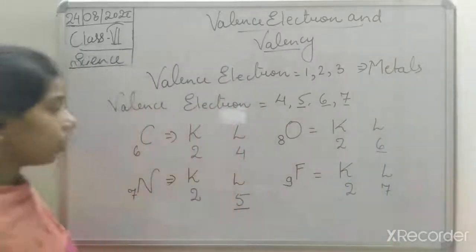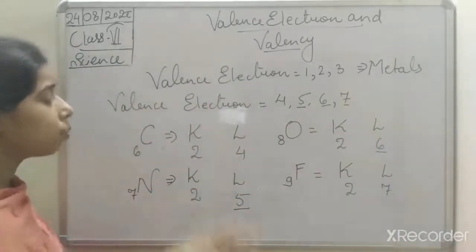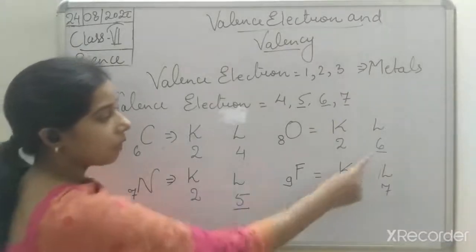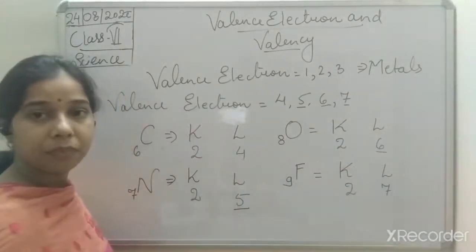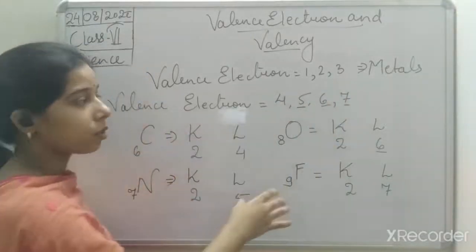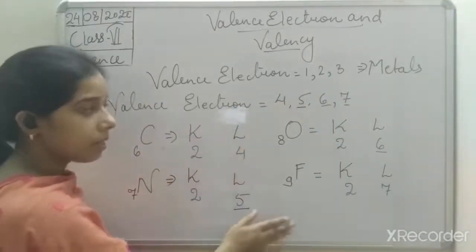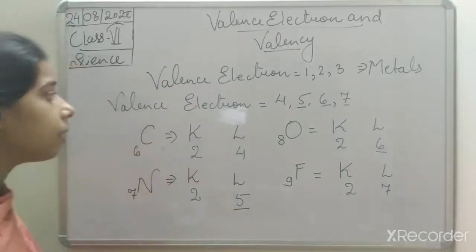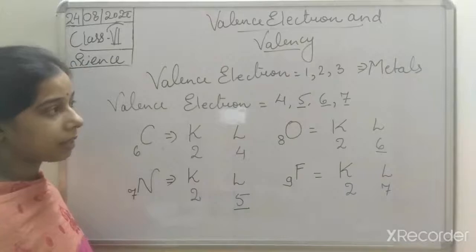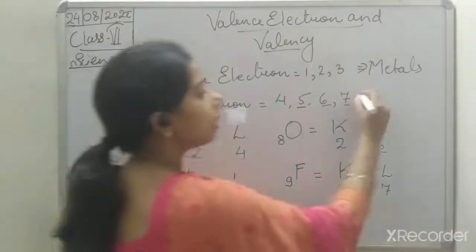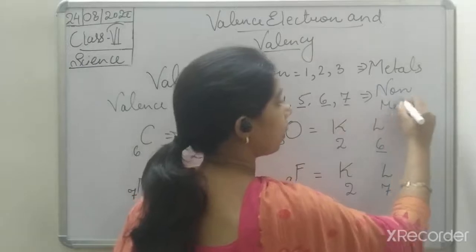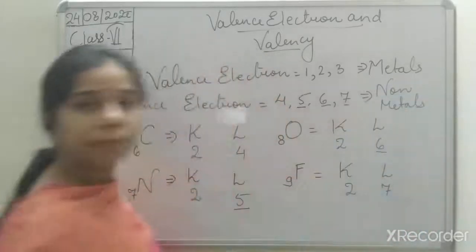Okay, so you see here students, these are the elements which have valence electrons 4, 5, 6 and 7. The elements which have valence electrons 4, 5, 6, 7, we use another term for them, and that is non-metals.